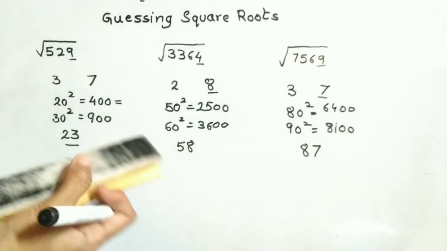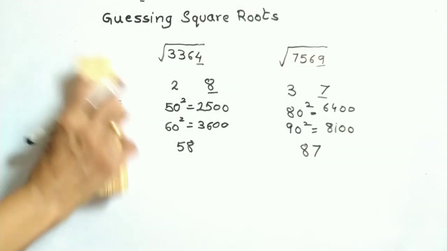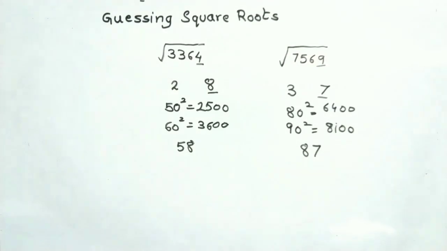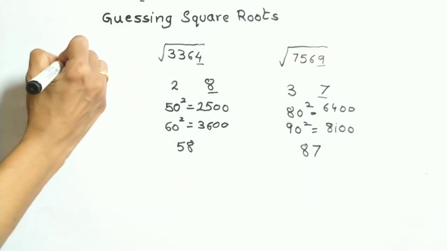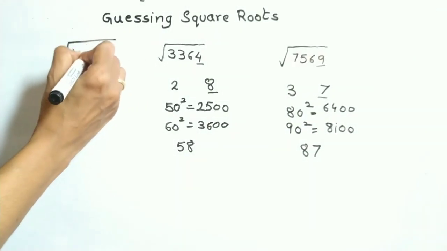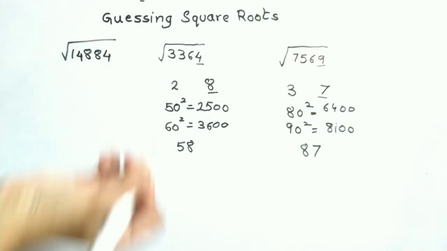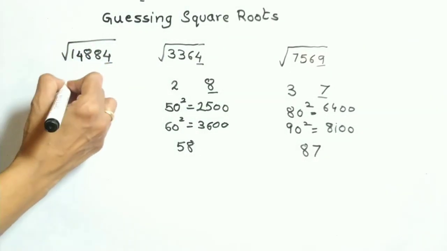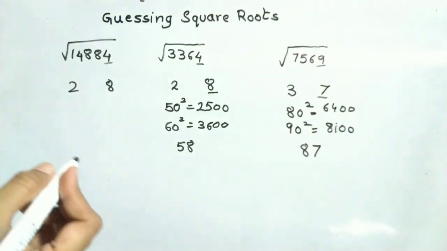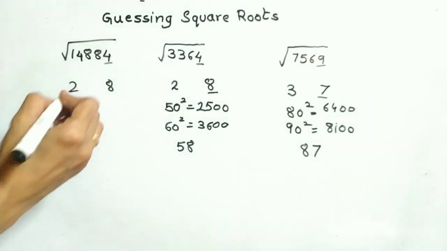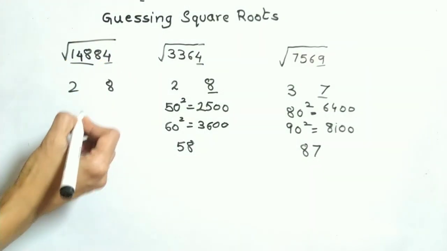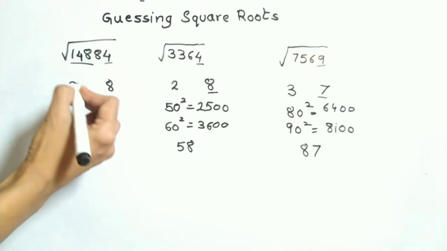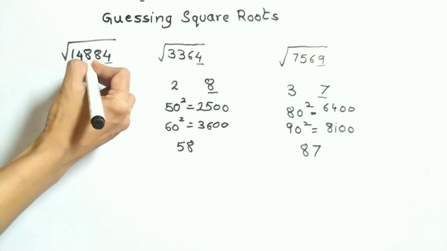Now let's see some more numbers. These are 5-digit numbers. So here we have, let's say, 14884. Okay. Here again the last digit is 4. So the two options we have are 2 and 8. So here we can see 14884. We know that 12 square is 144.